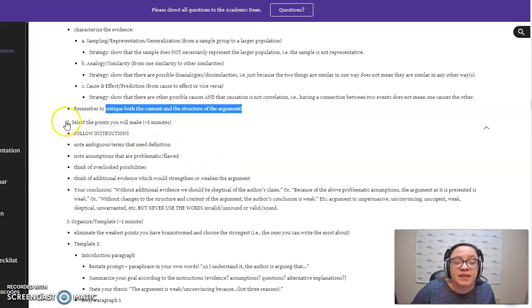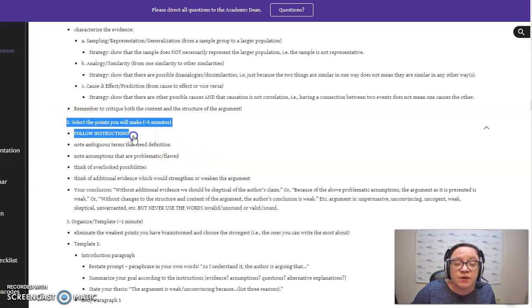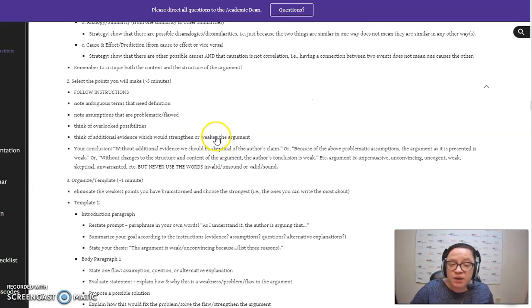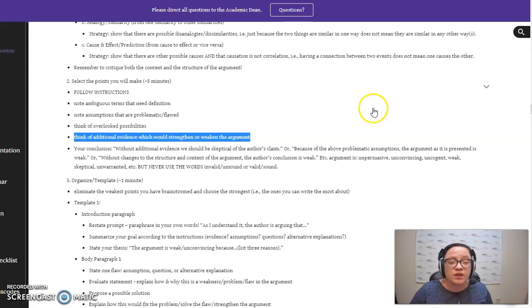So the points here are that the students really need to be very careful to follow the instructions, note any ambiguous terms that will need definition, and pay very close attention to those problematic or flawed unstated assumptions. Try and think of overlooked possibilities, and this is a really important one that you usually see in the instructions, to think of additional evidence which would strengthen or weaken the author's claim.